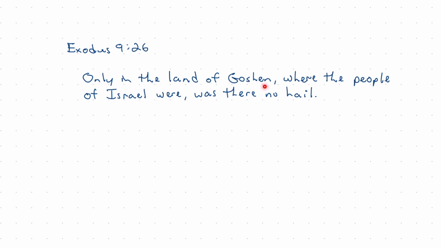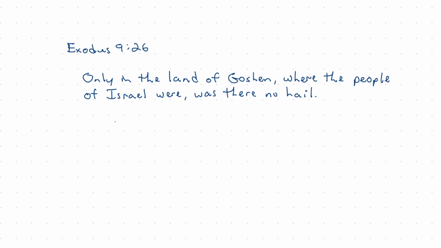Only in the land of Goshen, but notice there's no verb given, only in the land of Goshen was there no hail. So really our first proposition is split, was there no hail. And then we have this other proposition where the people of Israel were. So we do have a verbal assertion. So I would write that down in this way. I would split that up into two propositions.